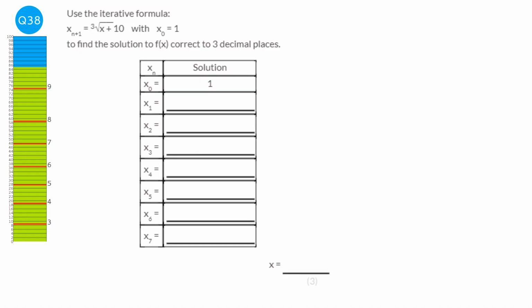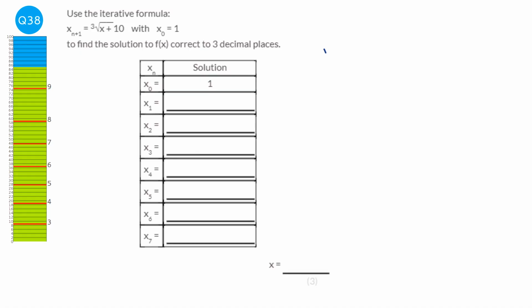On our calculator, we're just going to press the button 1 and then equals. Now that will store the 1 in our calculator. Then we're going to type in the cube root button, and the 1 will disappear. That's not a problem, because the next thing we're going to press is answer plus 10.